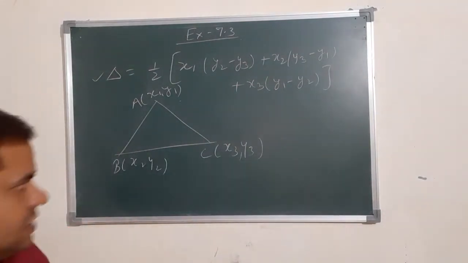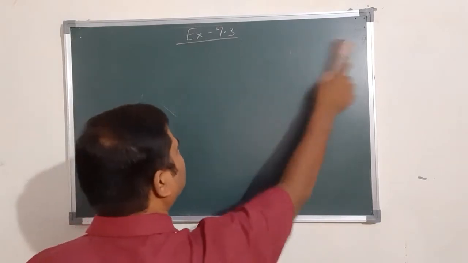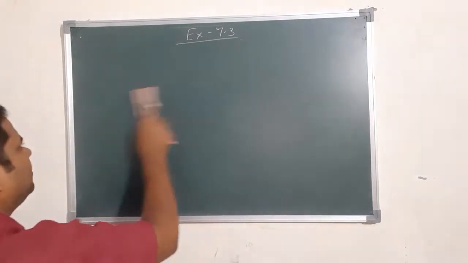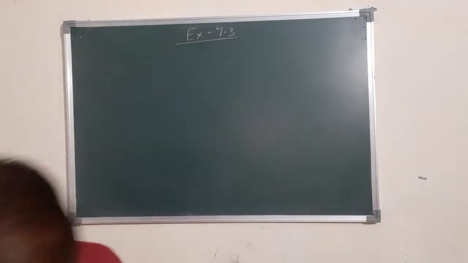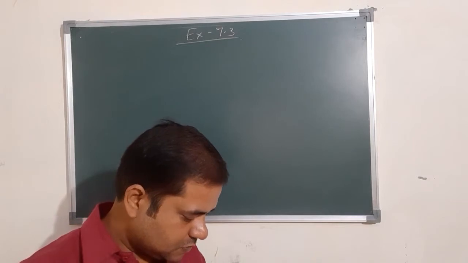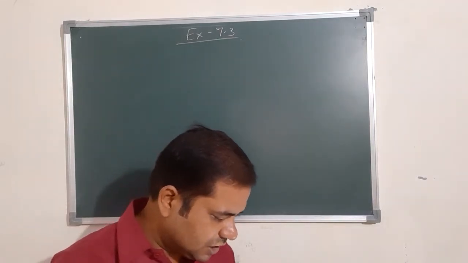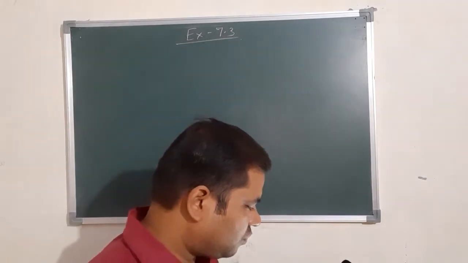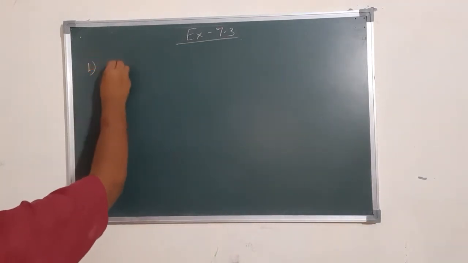Now discuss the exercise. So 7.3, question number first. What is the question? See, first question is: find the area of the triangle whose vertices are. One of them I have done for you.